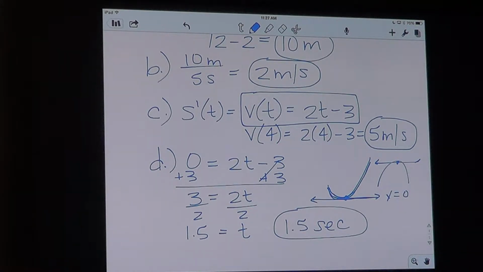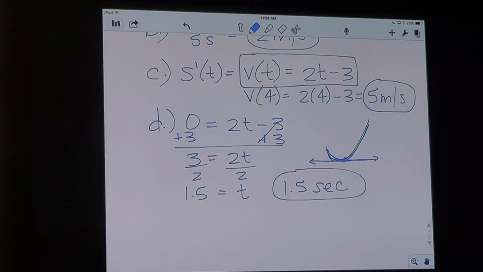Did graphing it on your calculator help you to figure out what you need to do for that problem? If it doesn't, then no. But that's okay. I was just wondering if it helped you to think about it at all. No, not really. You would know that without looking at the graph, that you would need to find when the velocity is 0. I think so. Okay. Good.